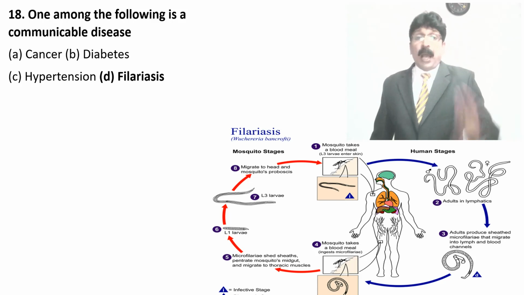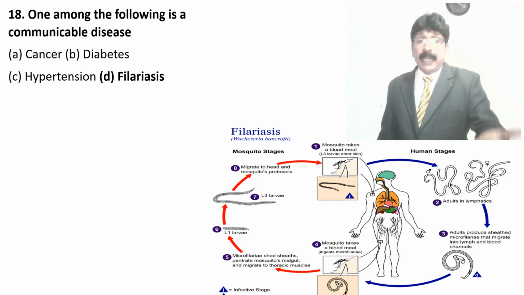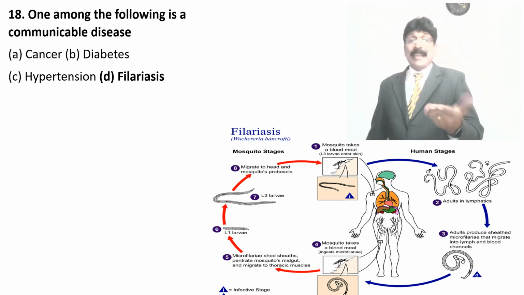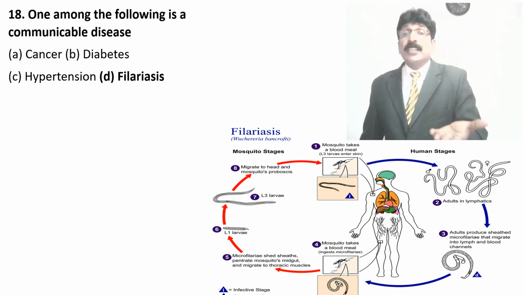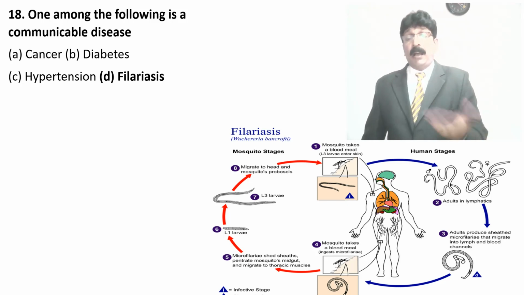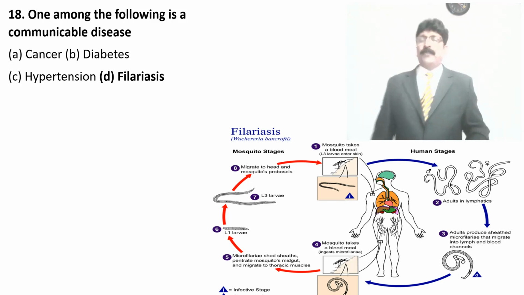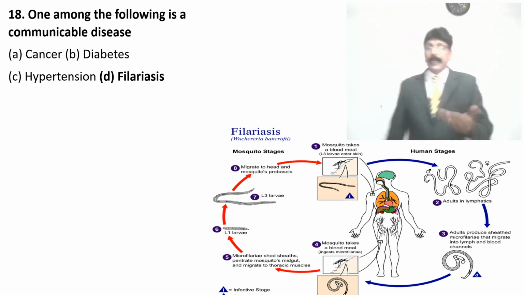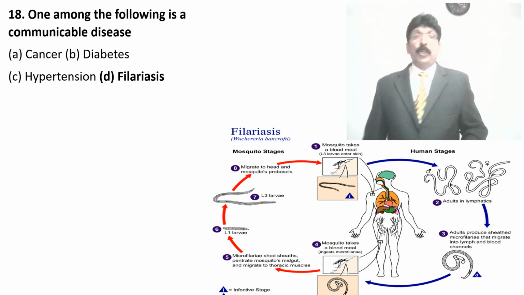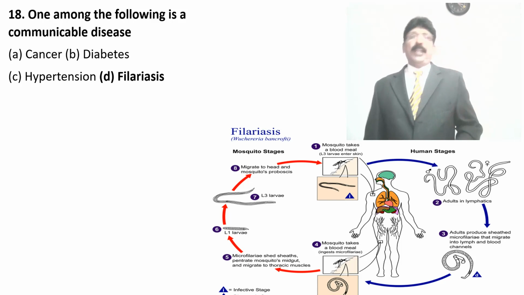The L3 larva migrates to the head of the mosquito, the proboscis, and then when the mosquito bites the human, the L3 larva enters into the skin of the human, and there the cycle starts again. So this is a communicable disease, filariasis.